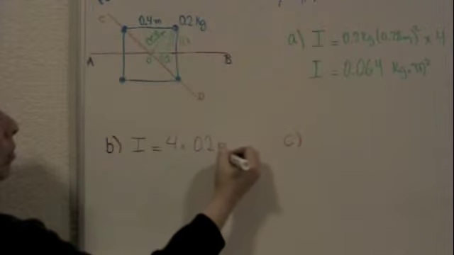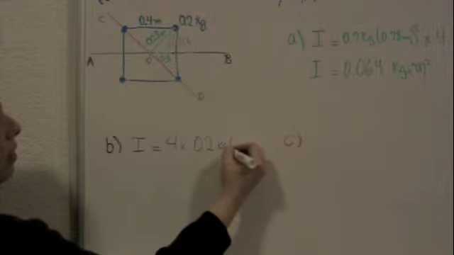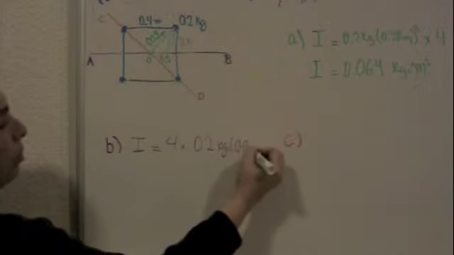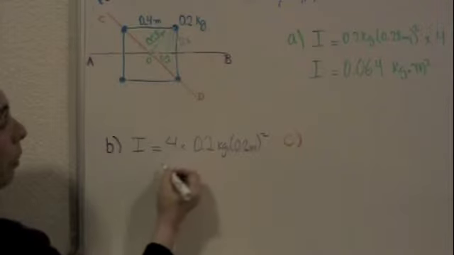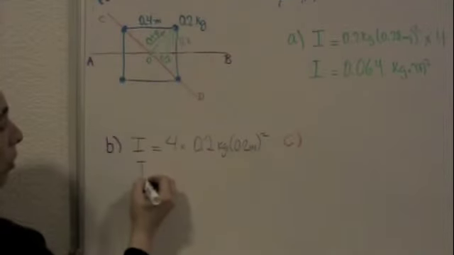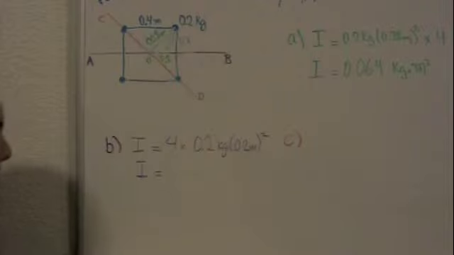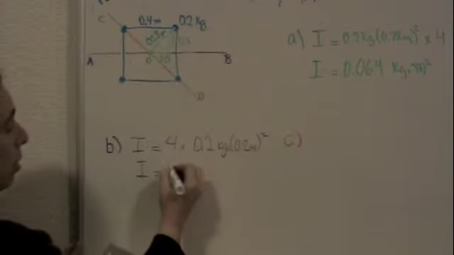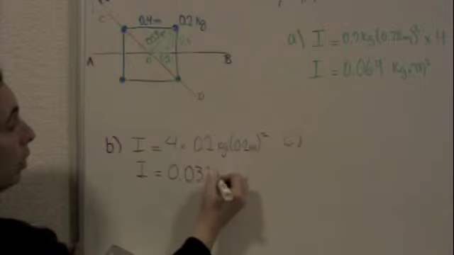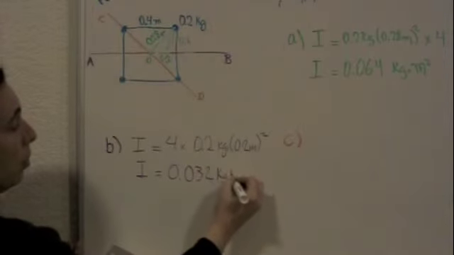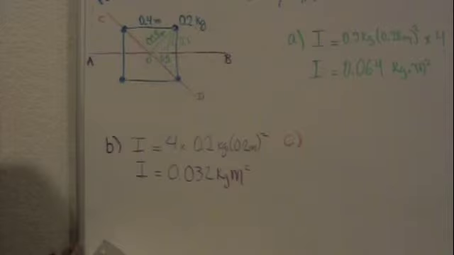Each one of those is at 0.2 meters squared away. So the moment of inertia, if you plug this into your calculator, you get 0.032 kilograms meters squared.